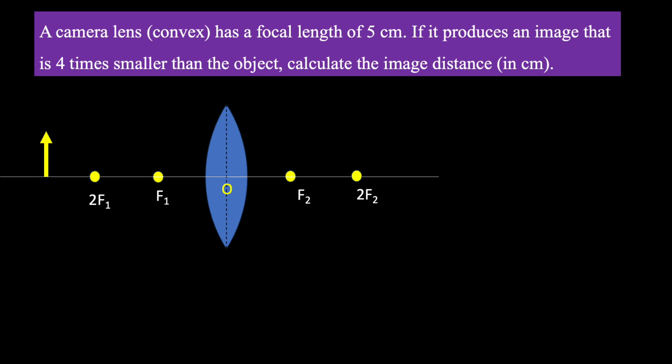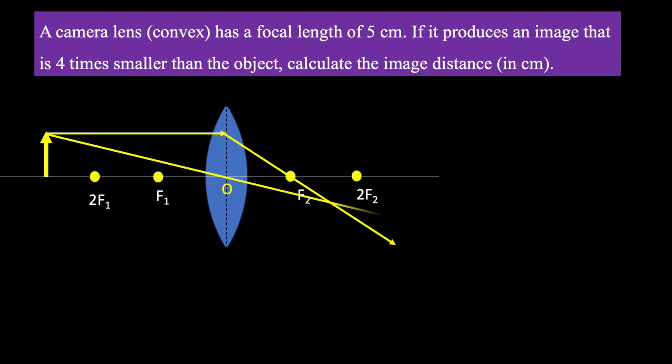Now let me draw a rough diagram and let's observe. Yes, the image formed is small. Of course, the image is real and inverted. We can say that the image is real, inverted and diminished.